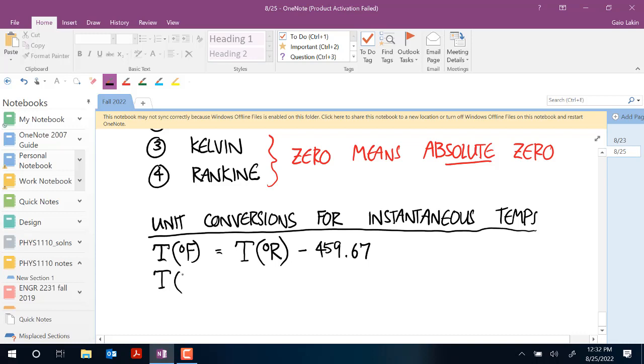Temperature in Fahrenheit is equal to 9/5 of the temperature Celsius plus 32 degrees.